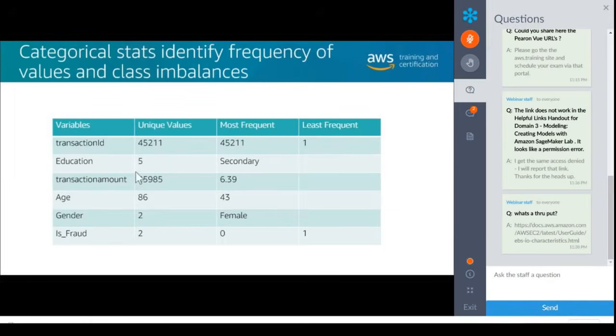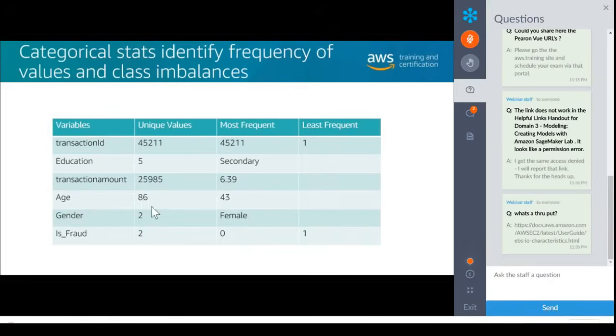Education, there's 5 unique values. The most frequent one is secondary. That's just high school, basically. Transaction amount, unique values is, well, again, it looks like many of our transactions are of different amounts. The most frequent was $6.39. So there might be an item that is $6.39 that is sold often.